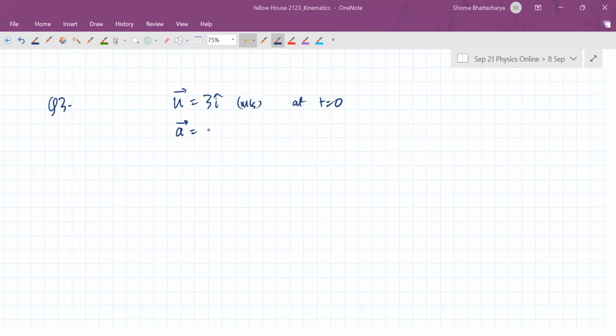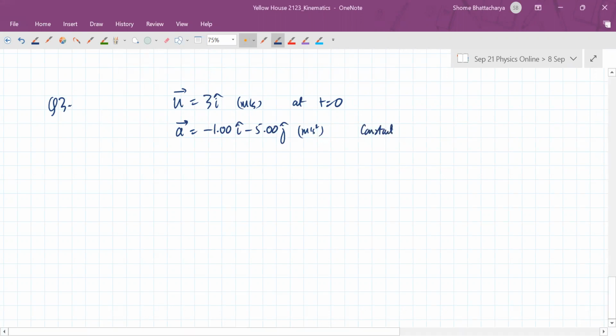We just write it as minus 1.00 i cap instead of j. So that's an obvious misprint. We'll get that corrected. The unit is meters per second square. It has a constant acceleration. So we have to find the value of velocity when the particle reaches the maximum x coordinate.